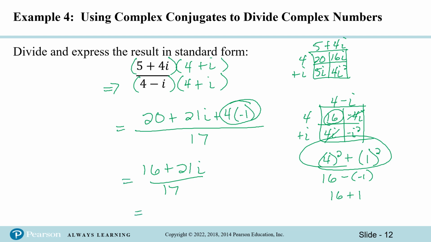What we do is we separate the fractions by putting the denominator under both of these. So put 17 under the 16 and put 17 under the 21, and then put your i. Simplify these fractions if possible, but that's not possible in this example. So that would be our final answer.